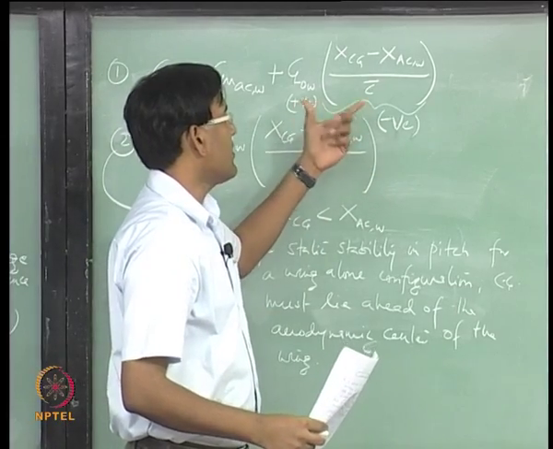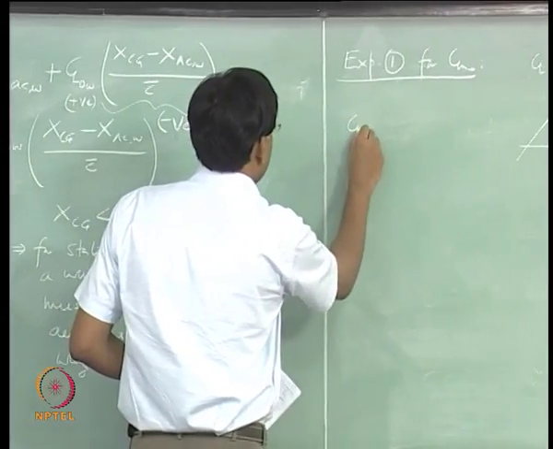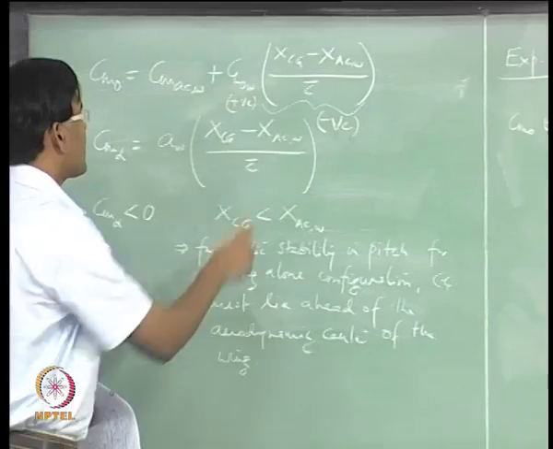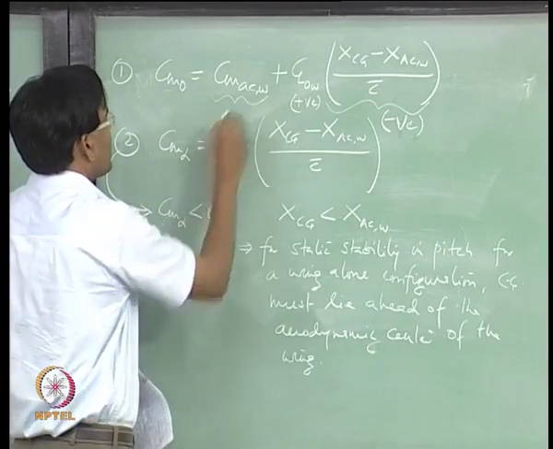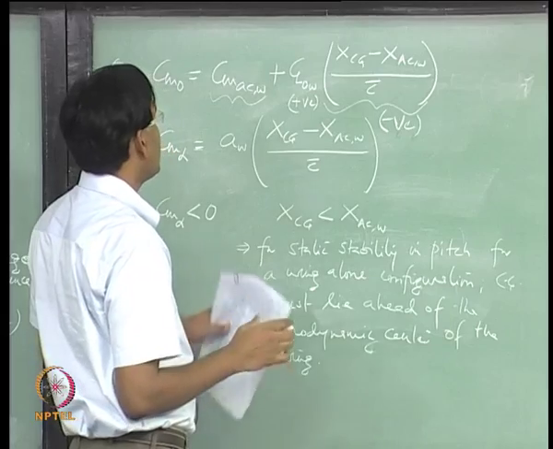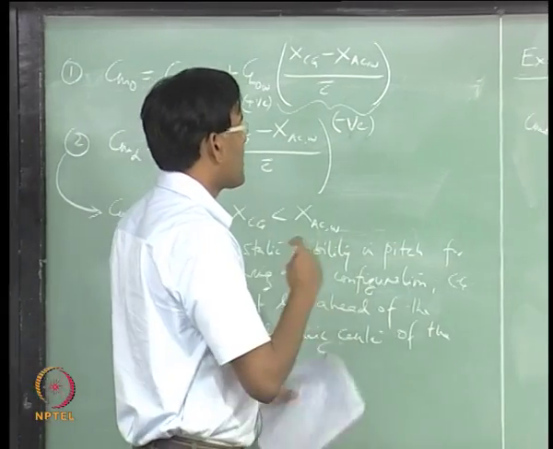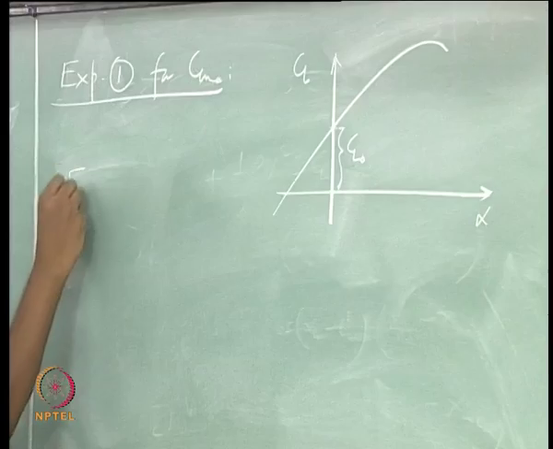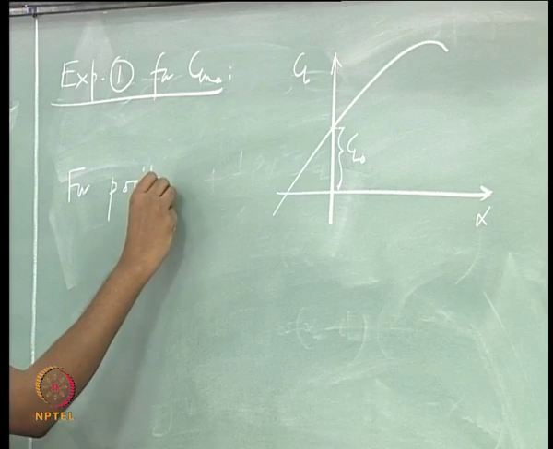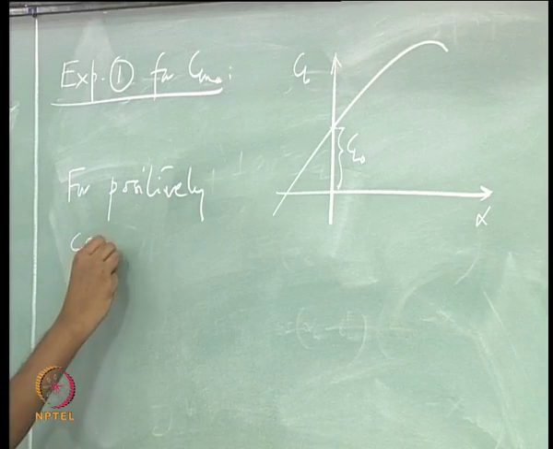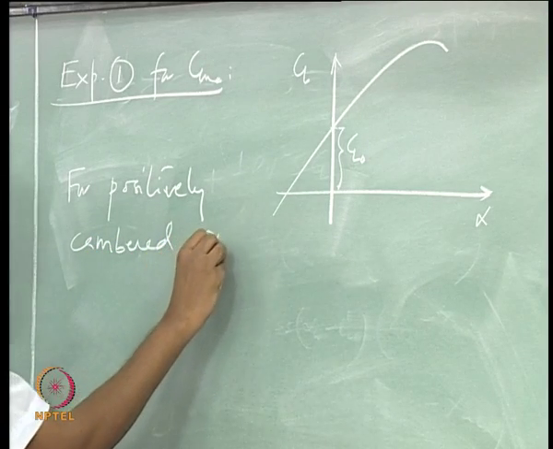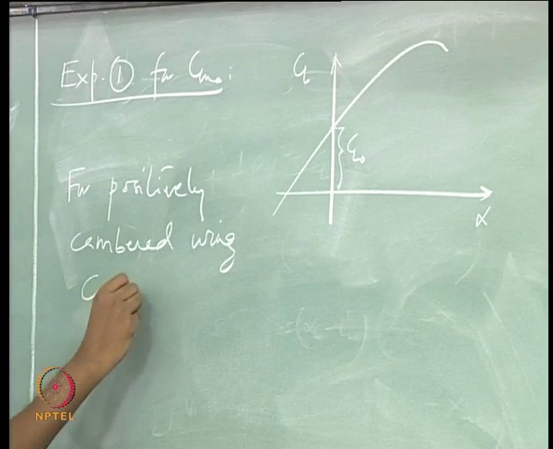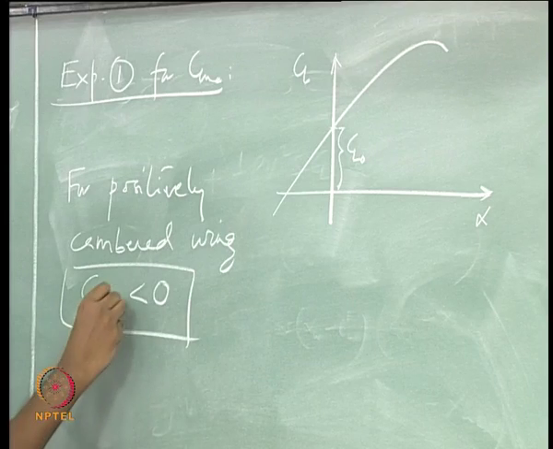These are resulting in Cm naught which is negative. From this term. For positively cambered airfoil, this term is also negative. So, I can say from here that for positively cambered wing, Cm naught is negative.